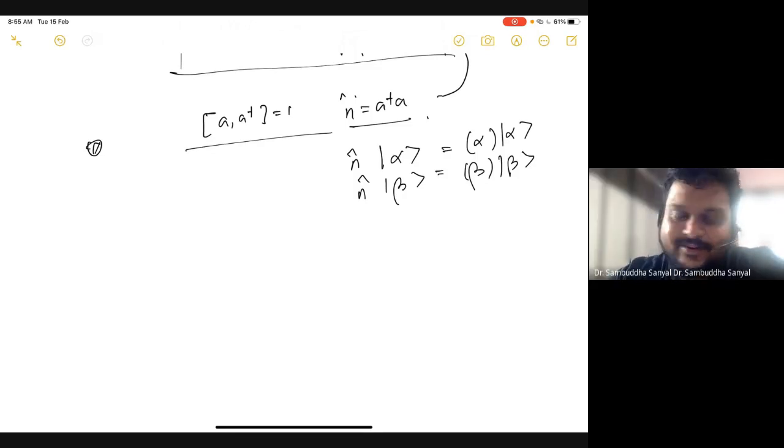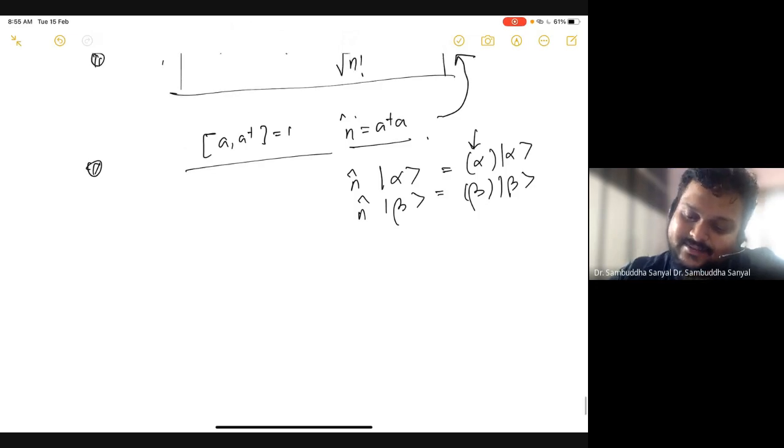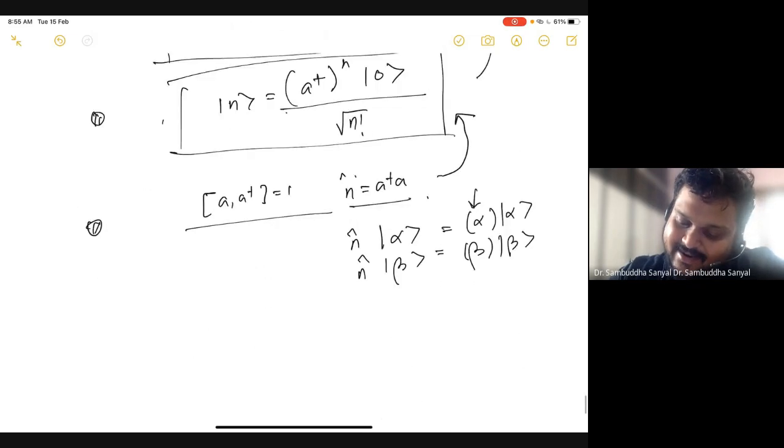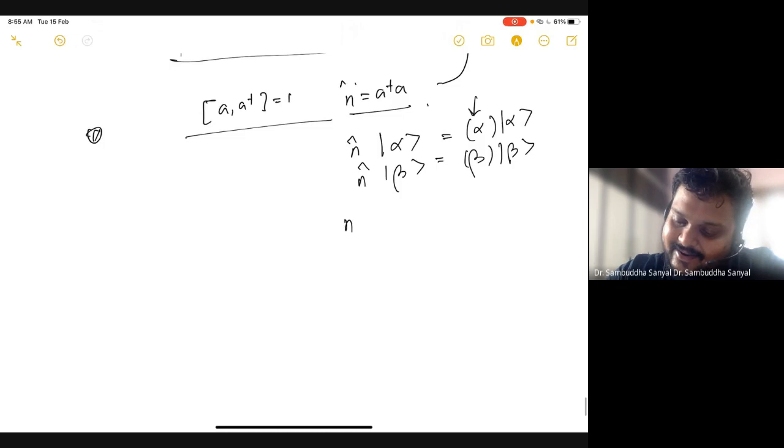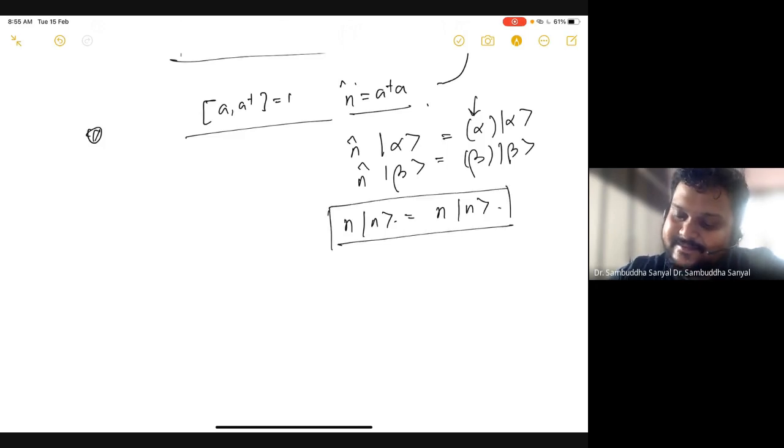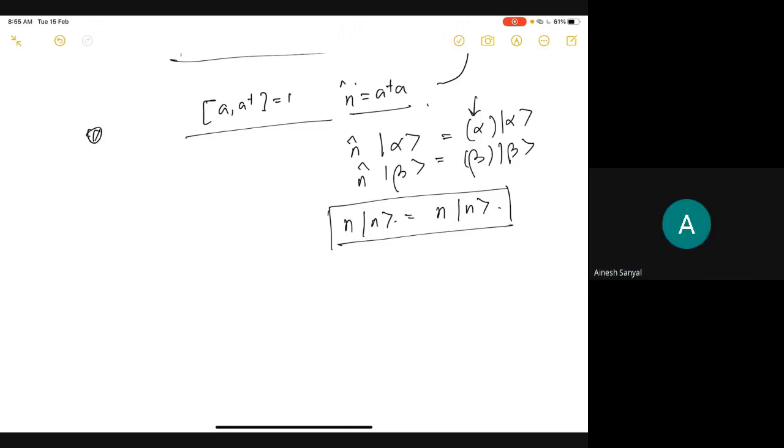So the eigenvalue will be a unique integer label for each state. Acting on this state, whatever it is, you will get a unique integer. Make sense? Yes. Okay.